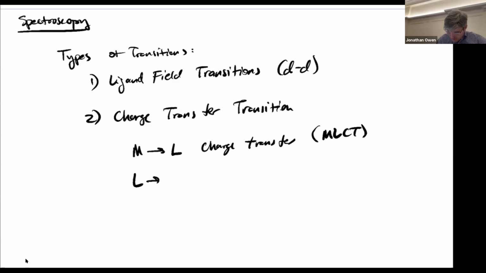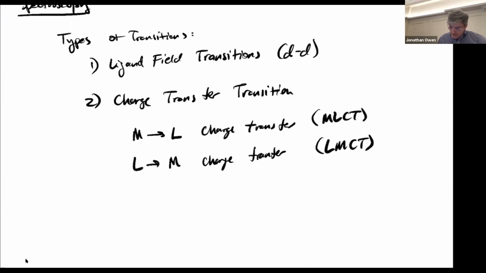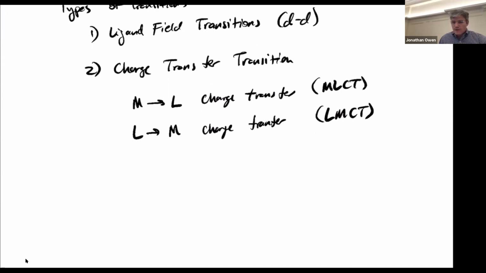There's also a version where the ligand sends charge to the metal. That's called an LMCT, ligand to metal charge transfer. D to D transitions are kind of weak. They give pale colors. Charge transfer transitions are strong. They give deep colors.